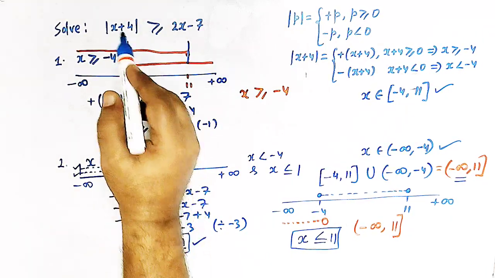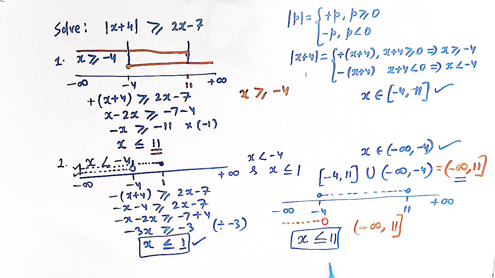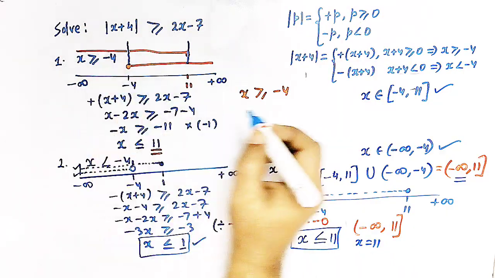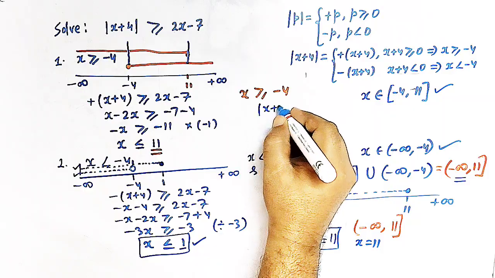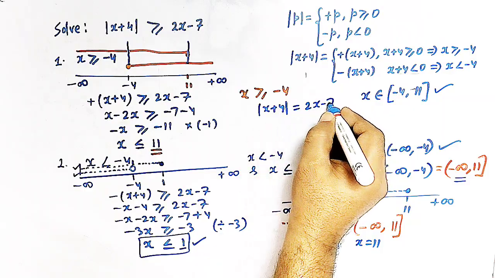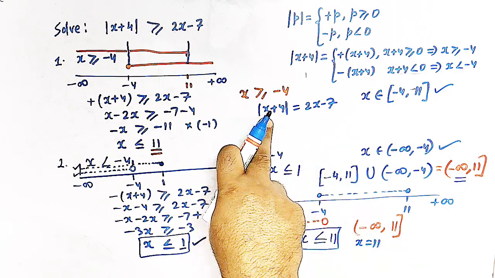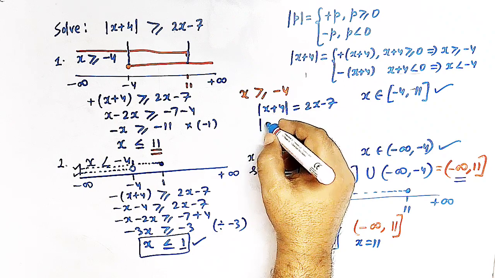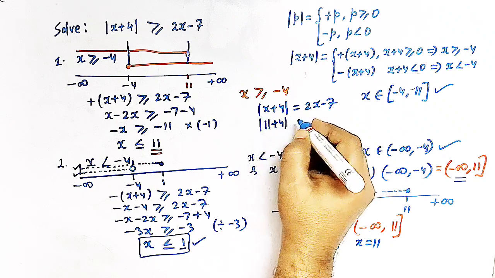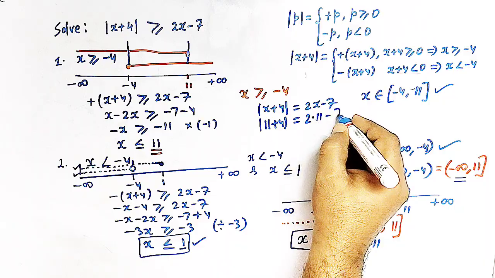Here it is important to note that the equality holds when x is equal to 11. That is, we have mod of x plus 4 equal to 2x minus 7 when x is equal to 11. So let us substitute x equal to 11 in this equation. We have mod of 11 plus 4, and here we have 2 times 11 minus 7.